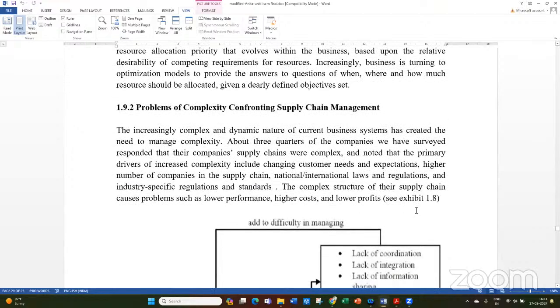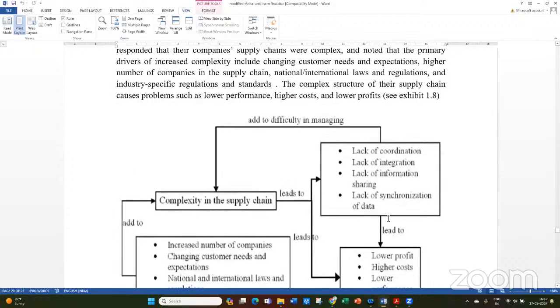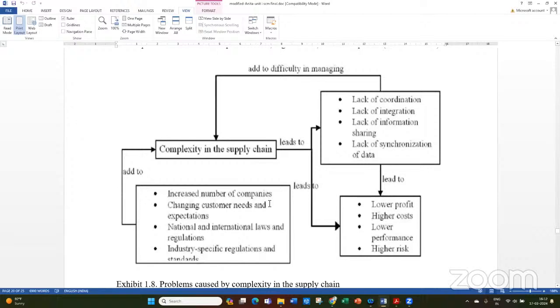So problems of complexity confined to supply chain. What are the problems here? So problems in the supply chain, active supply chain integration can be there, all transfers will be coordinated, all this. But there are issues are there. If you are able to address these issues, definitely will be having complexity. Supply chain, increase number of components.